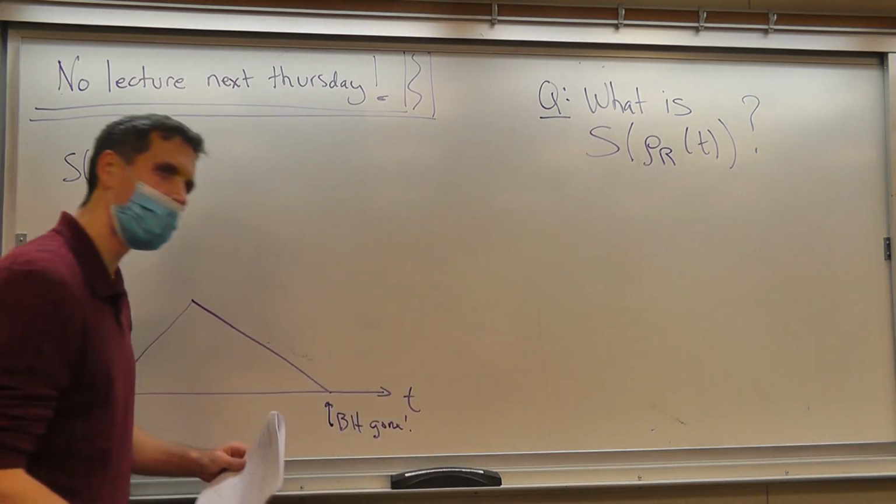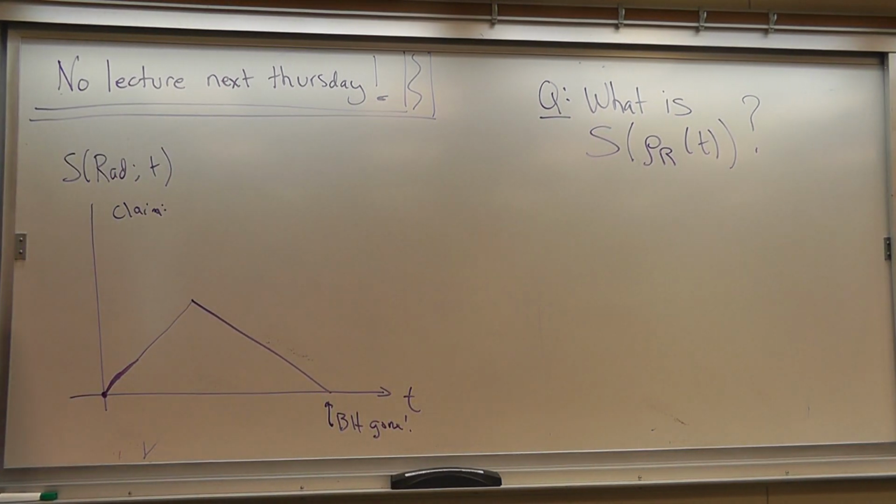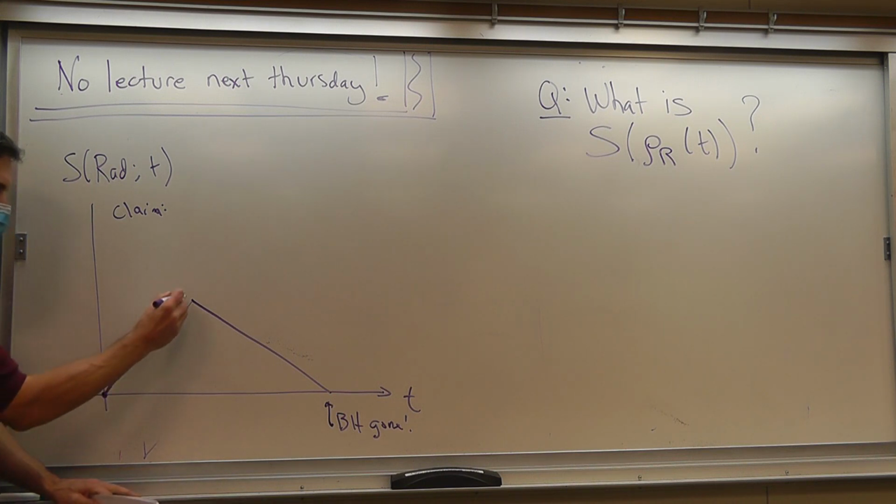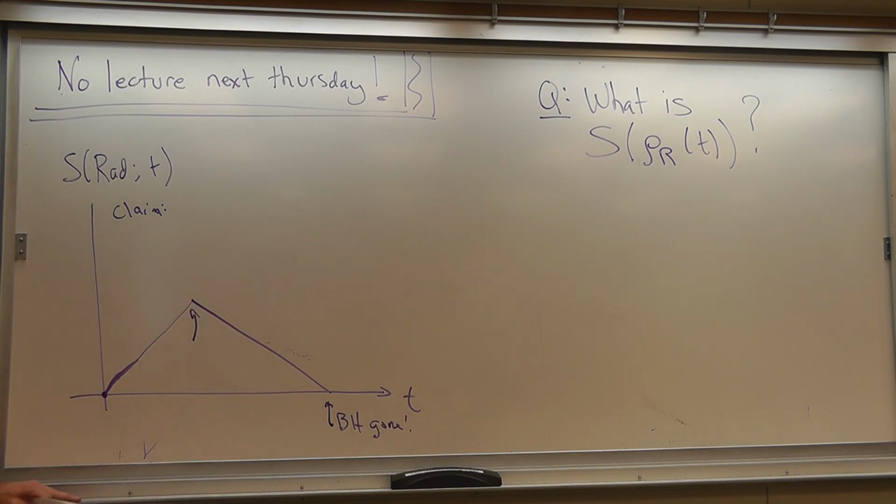When the black hole is gone, we're doing unitary evolution, so the radiation is pure, and therefore has to have 0 fine-grained entropy. The surprise here is the fact that there's a sharp transition. It's surprising to me, anyway. There's really a sharp transition from it growing to it decreasing, and we're going to see that from this model.